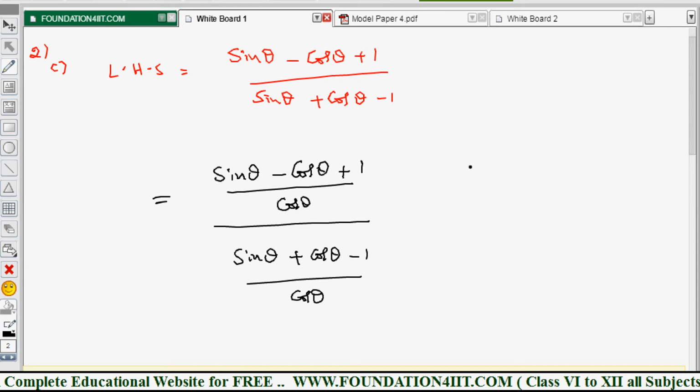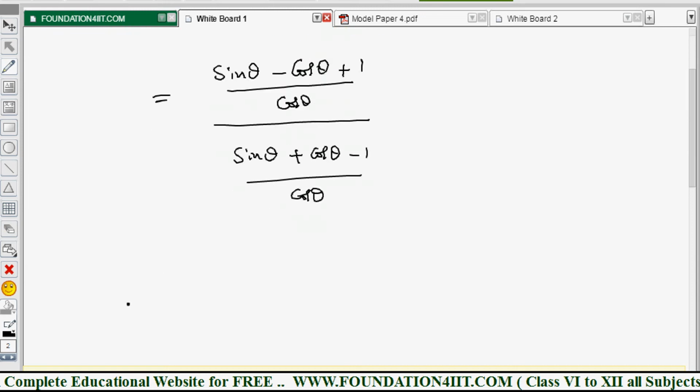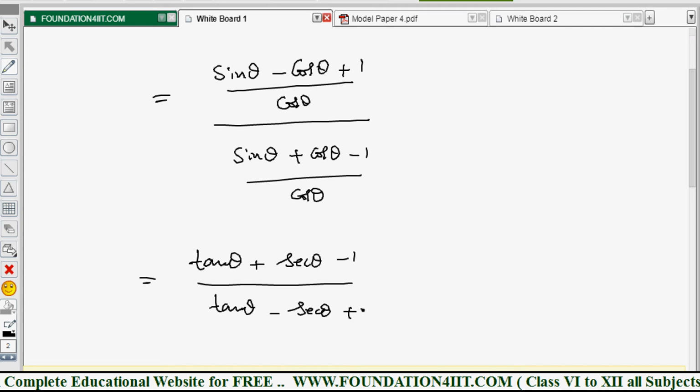Because sin by cos is tan, and you get some cancellations. Separate this: sin by cos is tan, plus cos by cos is cancelled, that is minus 1, and 1 by cos is sec. So tan theta plus sec theta minus 1 is the numerator, and the denominator is sin by cos is again tan, cos by cos is 1, minus 1 by cos is sec, so minus sec theta plus 1.